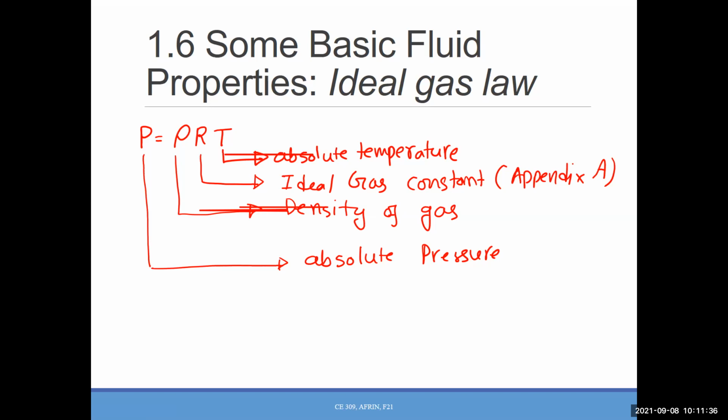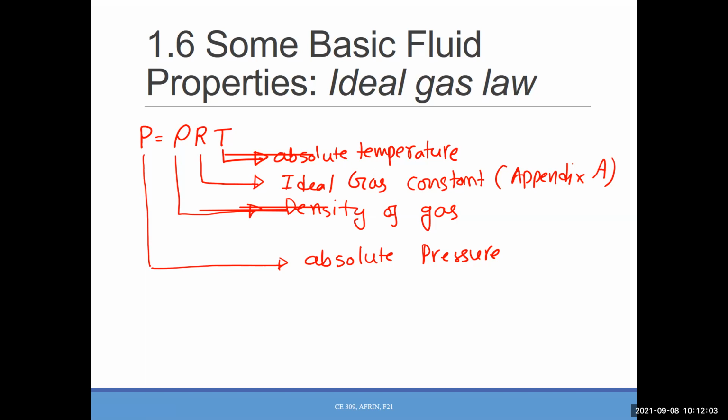Now, if there is any absolute, obviously there will be something called relative, right? And when we say relative, what does that mean? We measure something against some known standard, right? If we measure something with a known standard, that is called relative or gauge pressure.